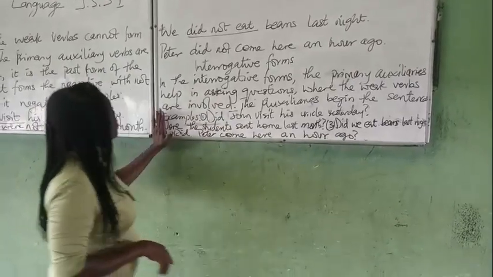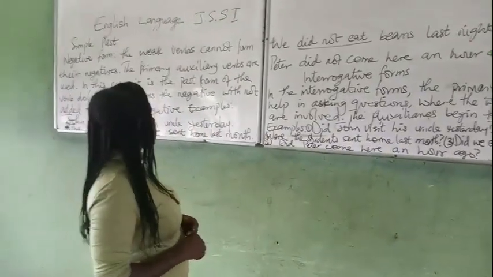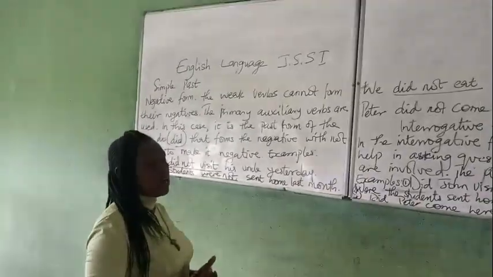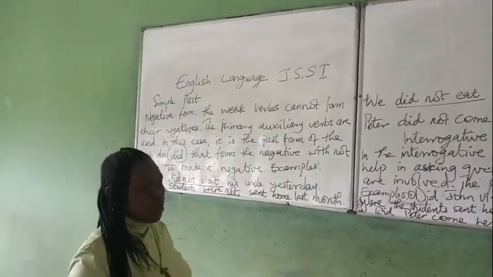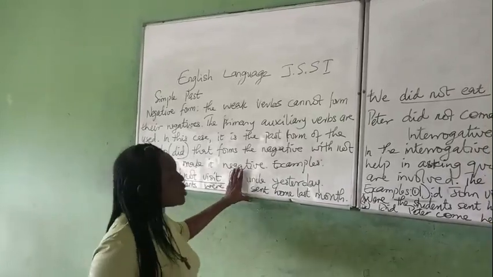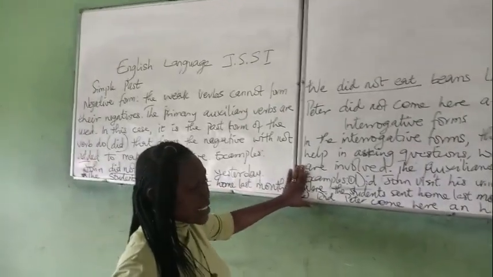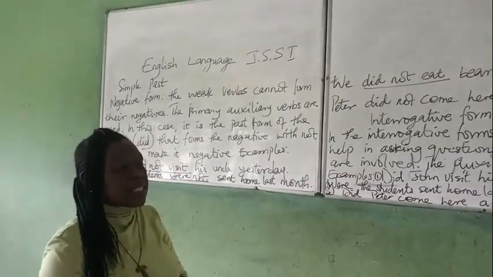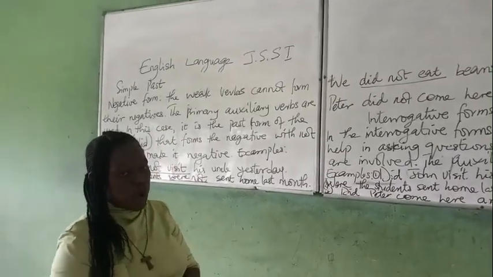So you see now, in the simple past tense, we use the primary auxiliary do, past form, to ask questions and to form negatives, while in the affirmative form, the verbs themselves take their past tense form.